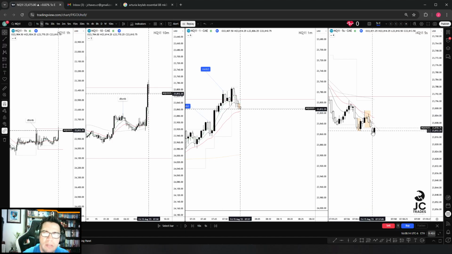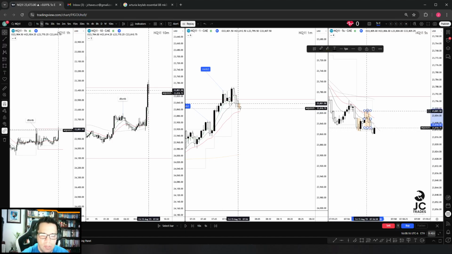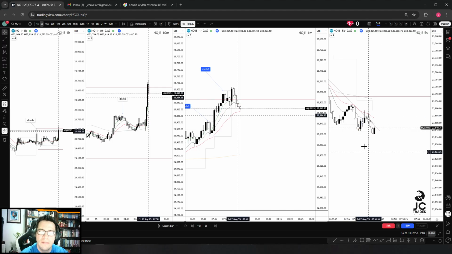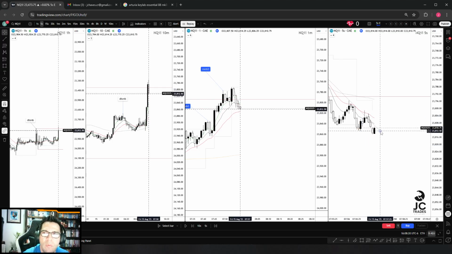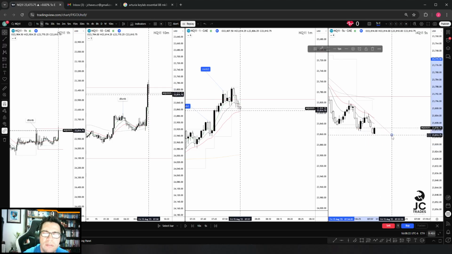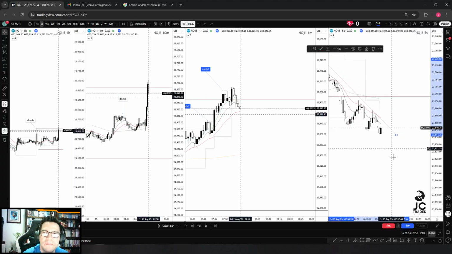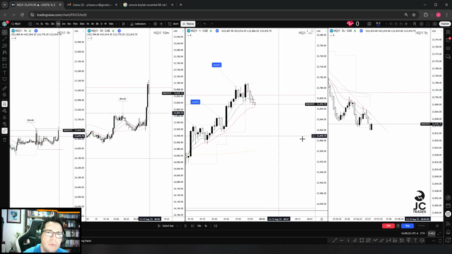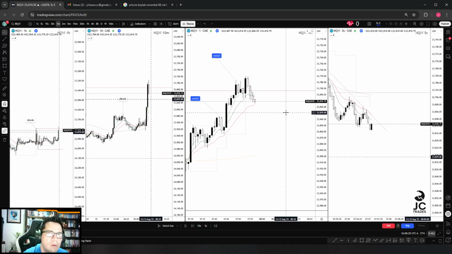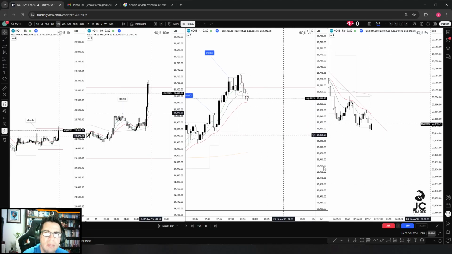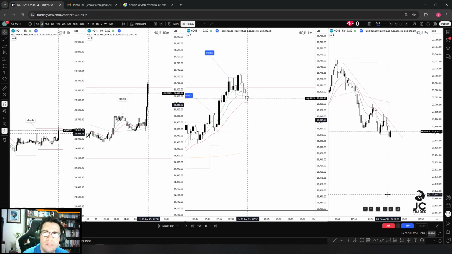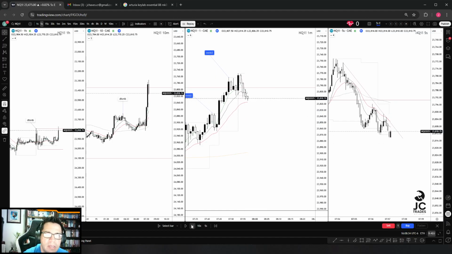But now we see that we once again see price continue to the upside. So we once again have to adjust the containment line here. And at this point, we're getting price very close to the 20 EMA. So let's just see if there's something that could be built out of this.